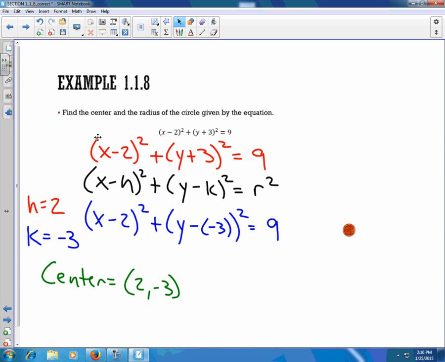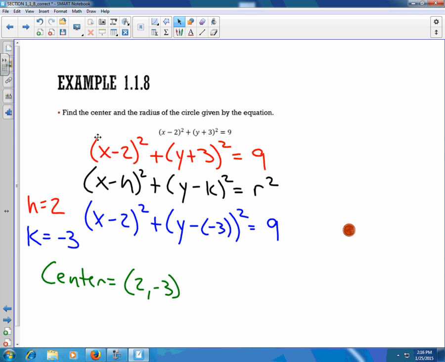Notice that if you're looking at the original equation and the center, the points associated with this center are the opposite sign from the numbers in the equation. So x minus 2, the coordinate for the center is positive 2, and y plus 3, the coordinate for the center is negative 3. For a circle, this will always work.